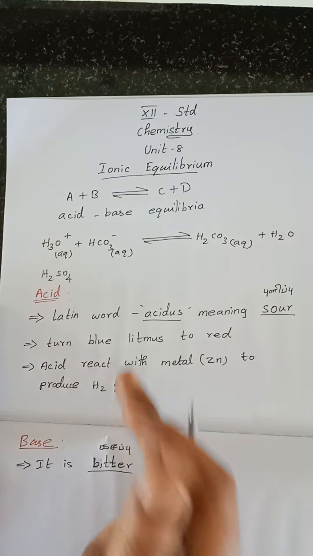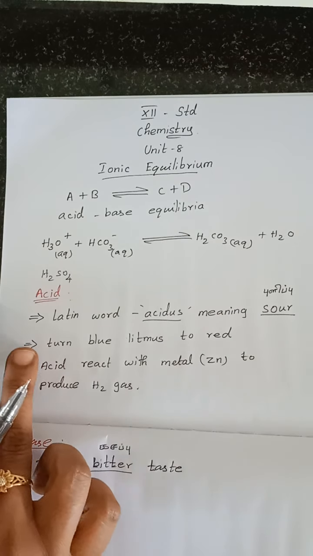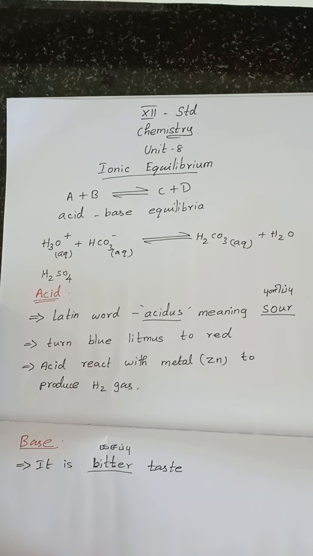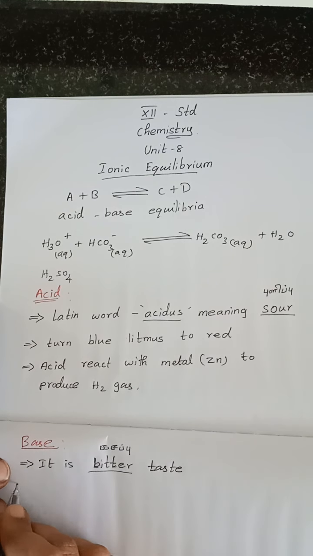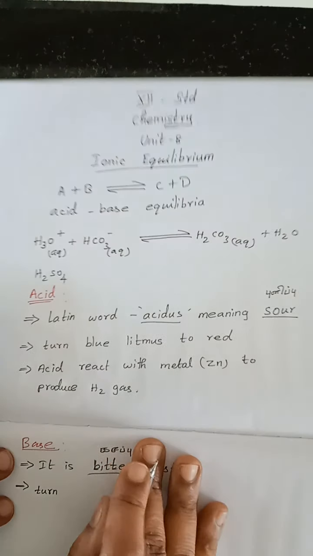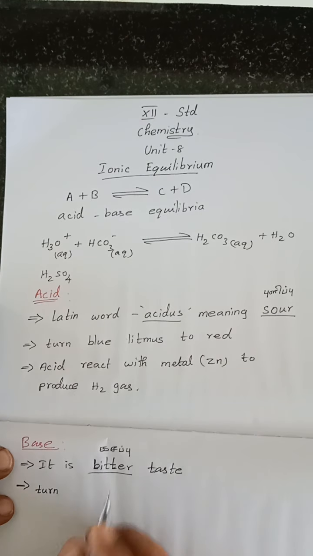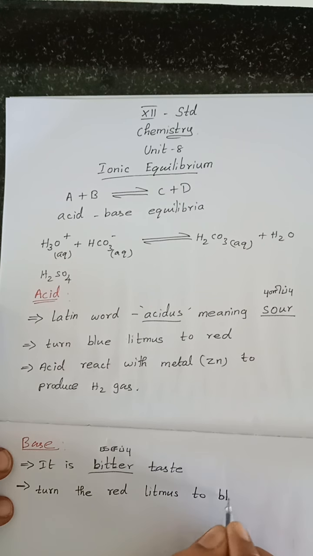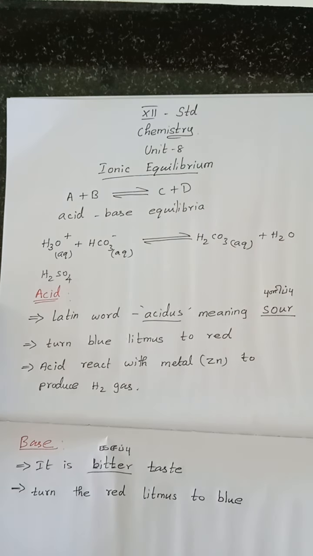It behaves in the opposite way: acid turns blue litmus to red, and base turns red litmus to blue. So this is the base definition.